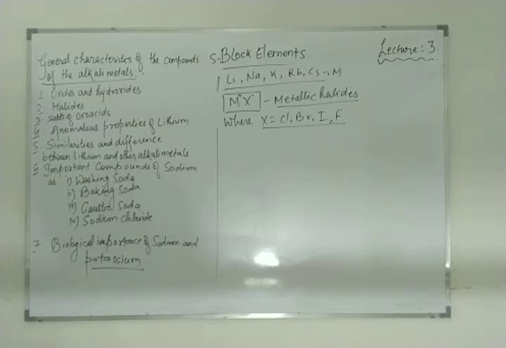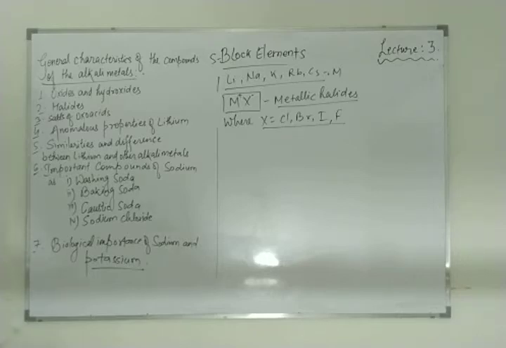The fluorides are the most negative, and as we go down the group, what will happen? As we move down the group, the reverse is true for delta HF of chlorides, delta HF of bromides, delta HF of iodides. For a given metal, delta HF always becomes less negative from fluoride to iodide.